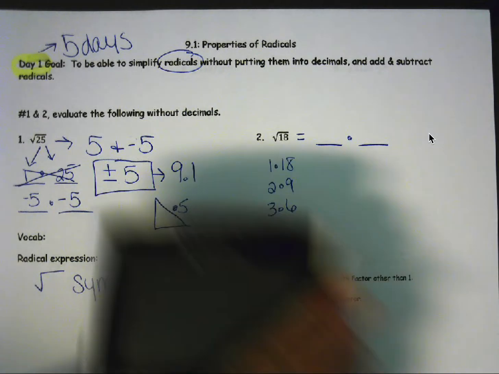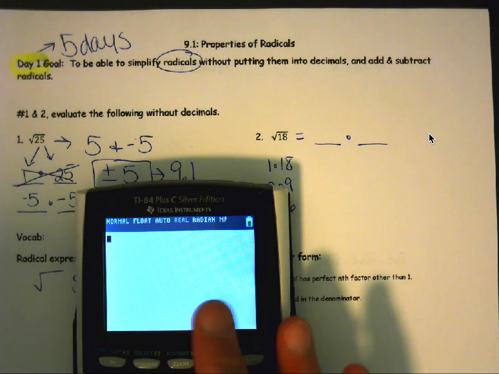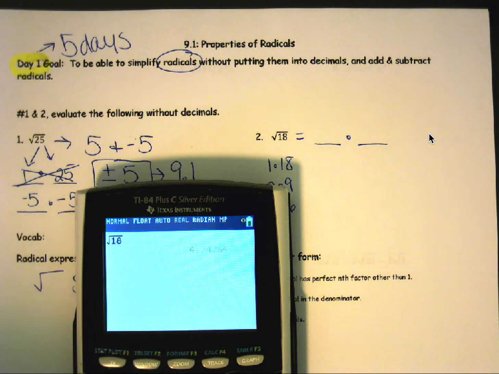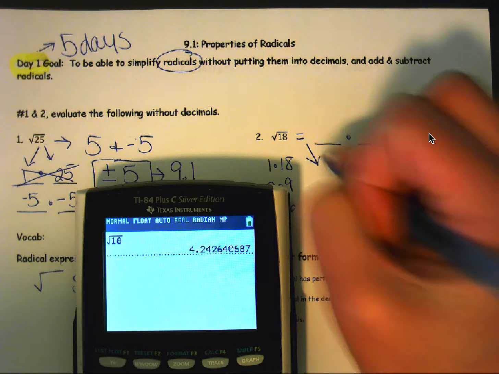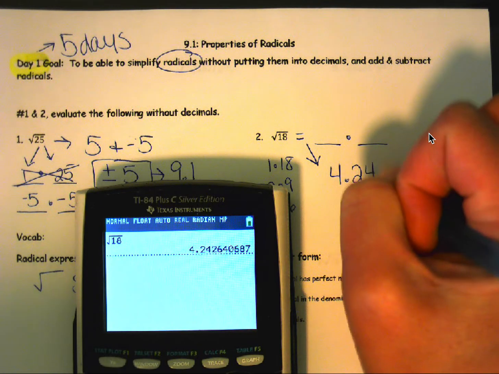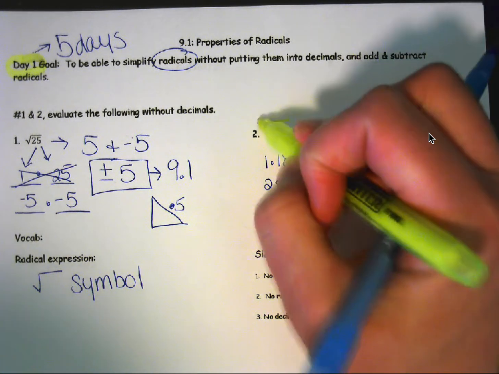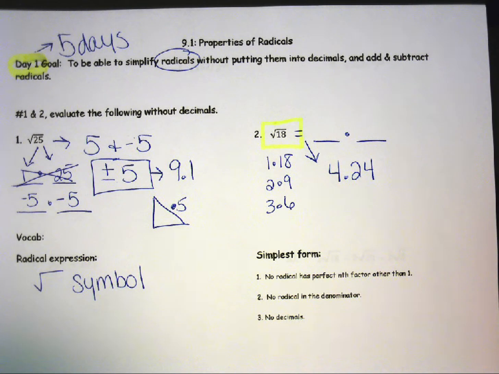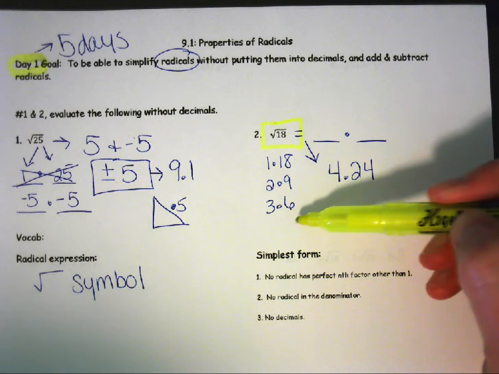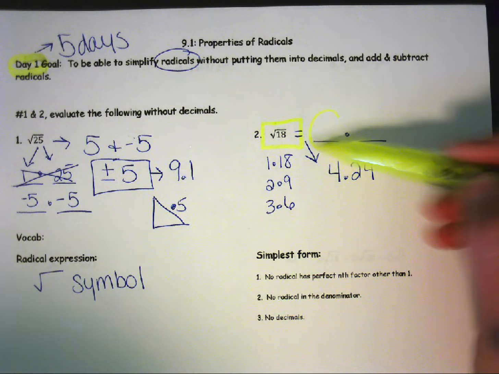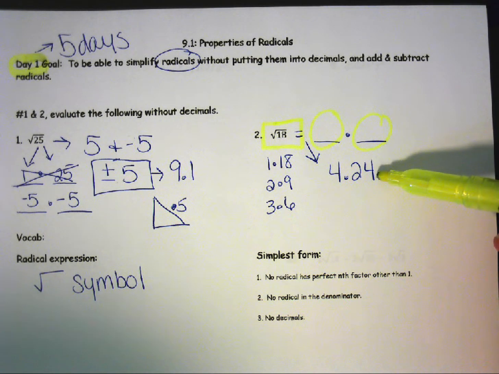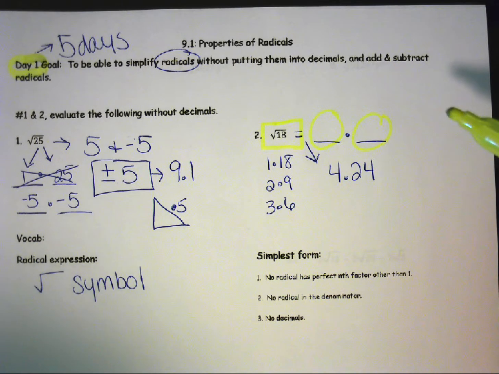So if we take a look at the square root of 18 in our calculator, notice this is what we call irrational, okay? So the reason why I wanted to show you this one is because this is really the heart of the lesson. What do you do with a number like 18 that is not perfect? It doesn't have 2 of the exact same numbers unless we go decimal. So that's what we're going to work on today, okay?